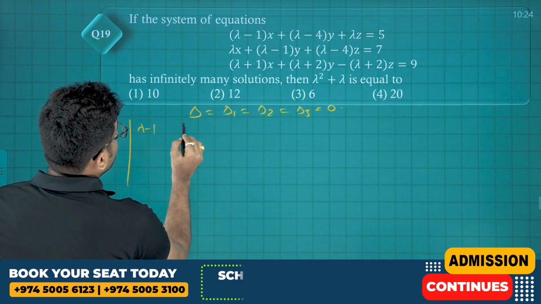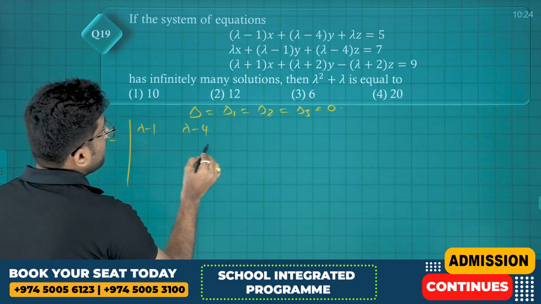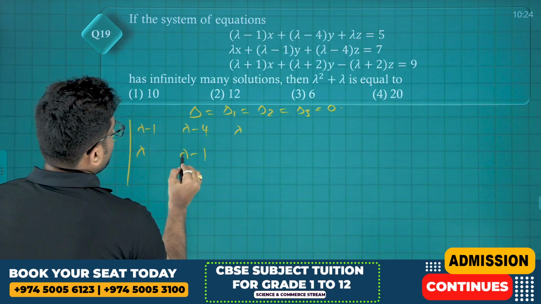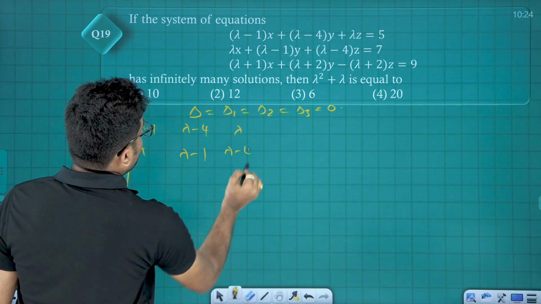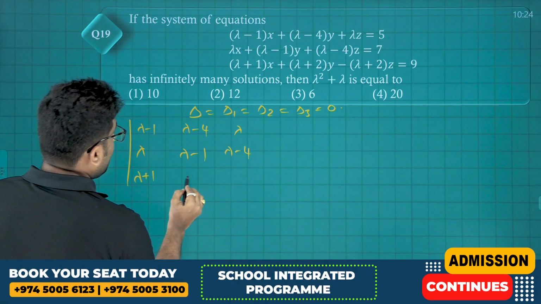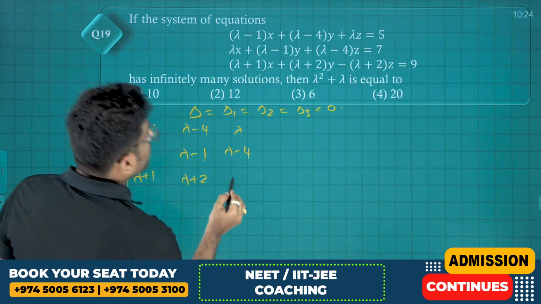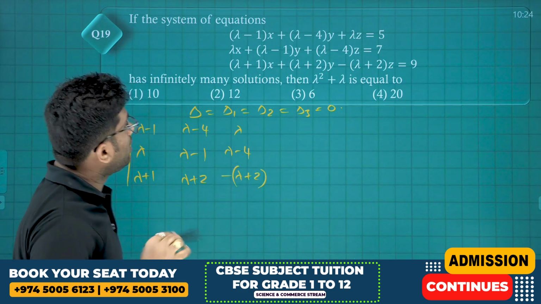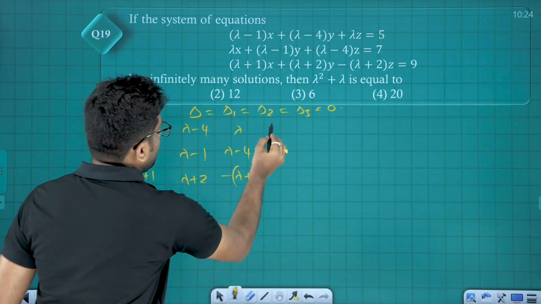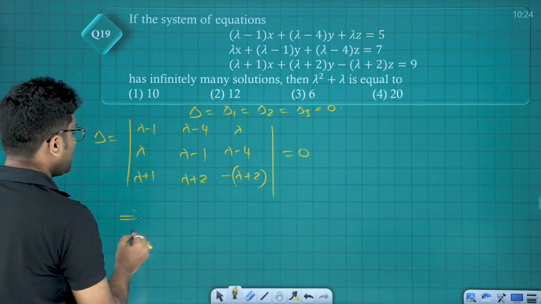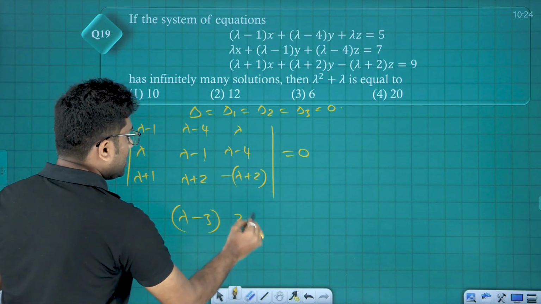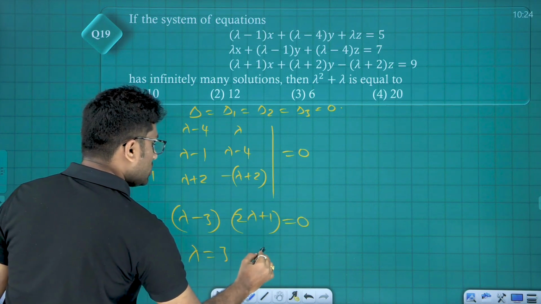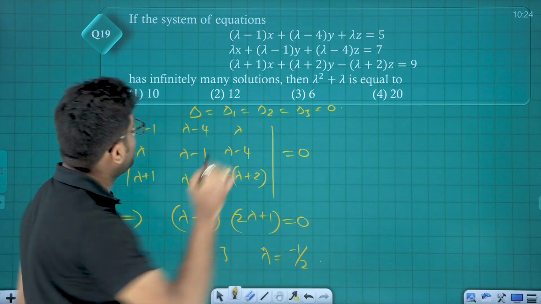Lambda minus 1, lambda minus 4, lambda plus 1, lambda plus 2 and minus of lambda plus 2. All correct? Yes. This should be equal to 0. Friends, if you expand the determinant, we get lambda minus 3 times 2 lambda plus 1 equals 0. So from here we have lambda equals 3 or lambda equals minus 1 by 2.